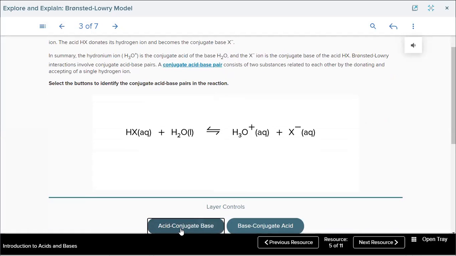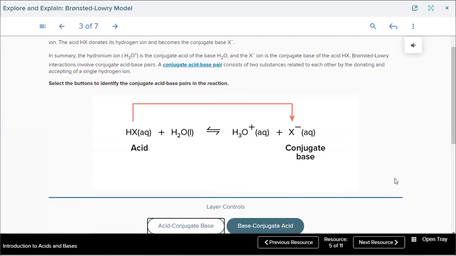In this equation, HX plus H2O produces H3O plus and X negative. So HX is called what? An acid. While X, after losing hydrogen, will be what? A conjugate base.